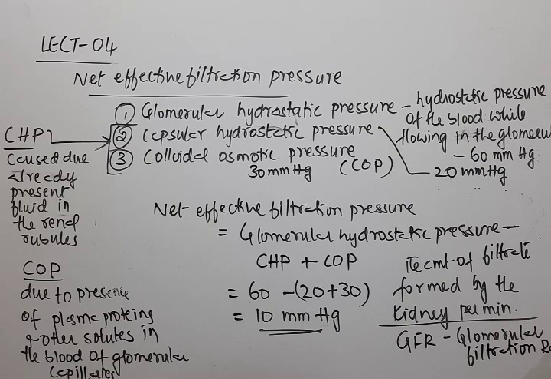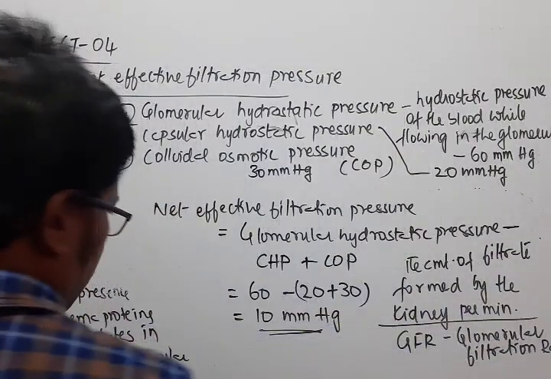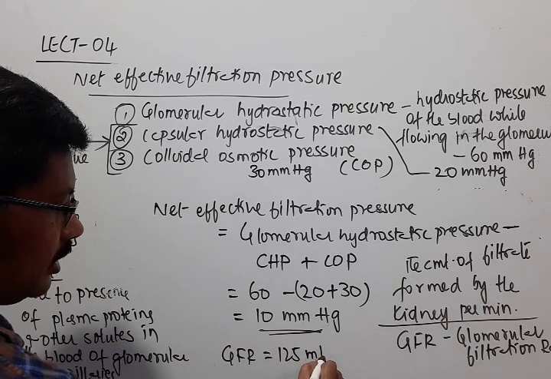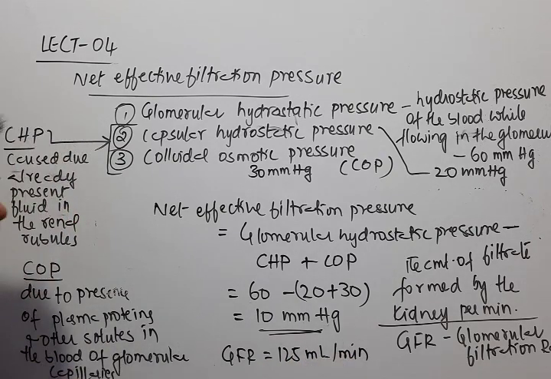It's called glomerular filtration rate. So the amount of filtrate formed by the kidney per minute is what we call GFR. In a healthy adult, the GFR in a healthy man will be 125 ml per minute.